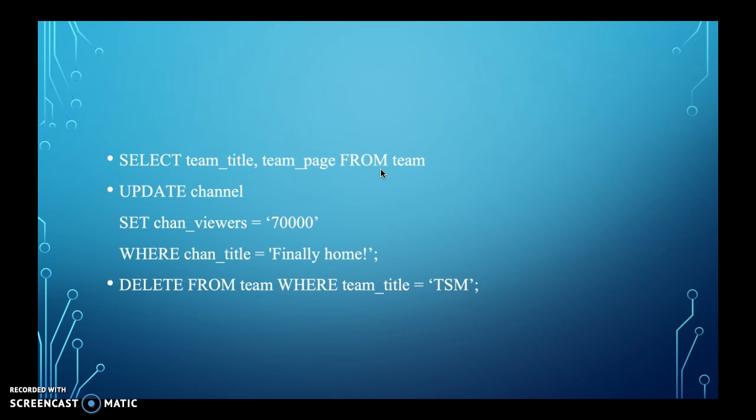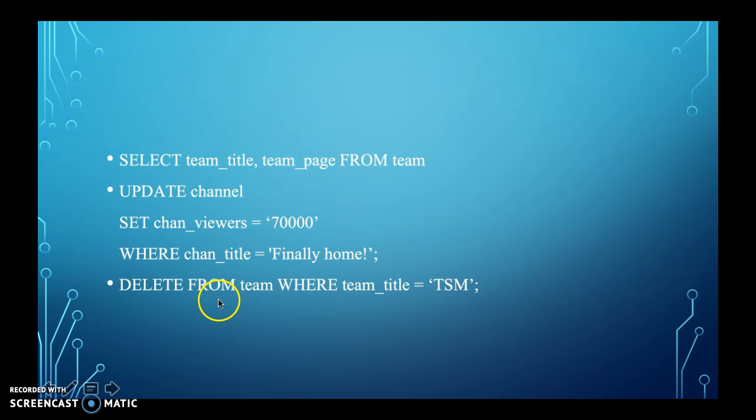So we do update channel, that's the table name, set channel viewers, that's the attribute we want to update. We want to set the viewers to 70,000, where channel title is finally home. The channel title is the primary key, so the primary key references which line we want to update.